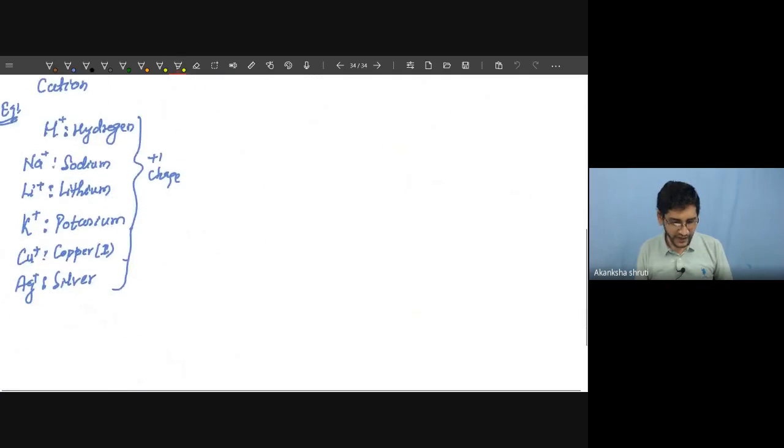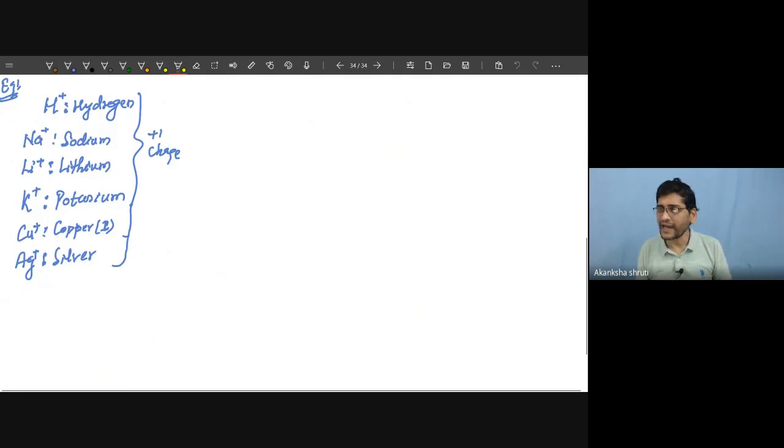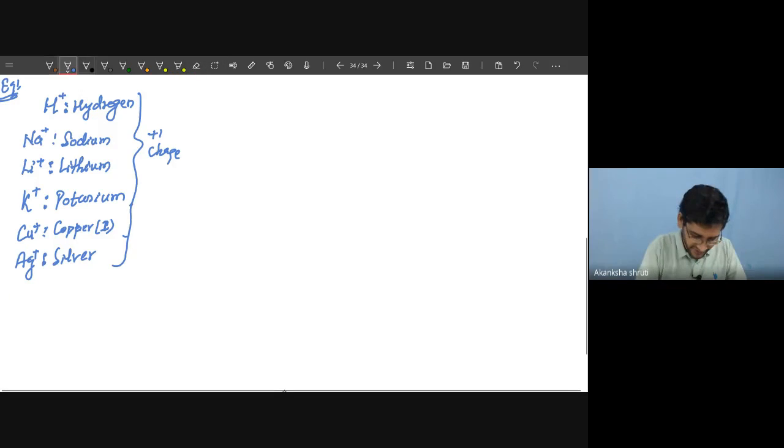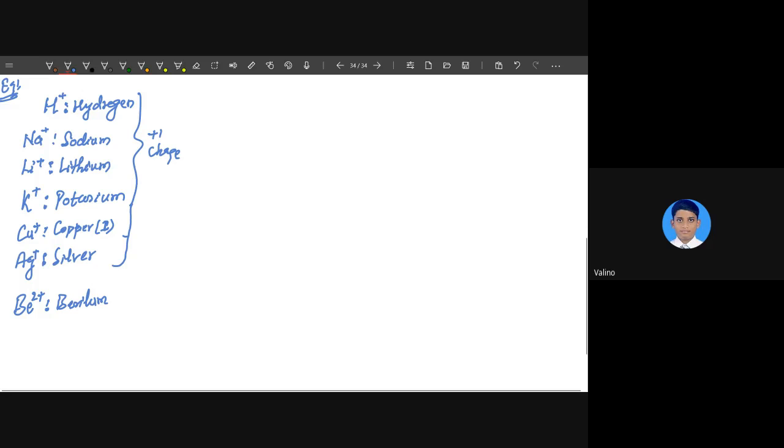For that, it is also possible to have atoms with 2 unit positive charge. So student, take a few of them. What were they? They were beryllium, Be, and Mg, magnesium. Good. Be2 plus. What was that? Beryllium.